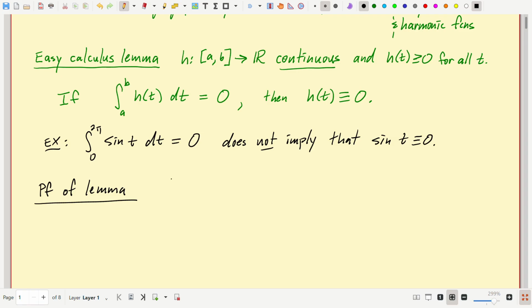So here's my continuous function h from a to b. Let's suppose it's not identically 0. Then it would have a bump somewhere. Let me make it be 0 for a while and then have a bump.